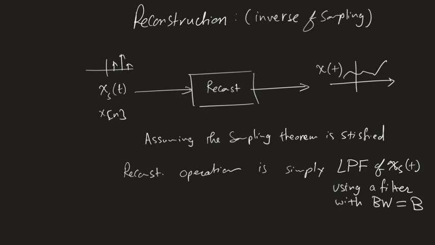Of course, all of this assumes that we live in an ideal life. In practical life, which we will not address in this course, you cannot really get delta functions in the first place because they are very short functions with very high magnitude, so that's impossible to get practically. You work with pulses that are as short as you can and with amplitudes as high as you can without saturating your electronics, and your electronics will have finite response time, so they will never create a pulse with a width equal to 0, right?